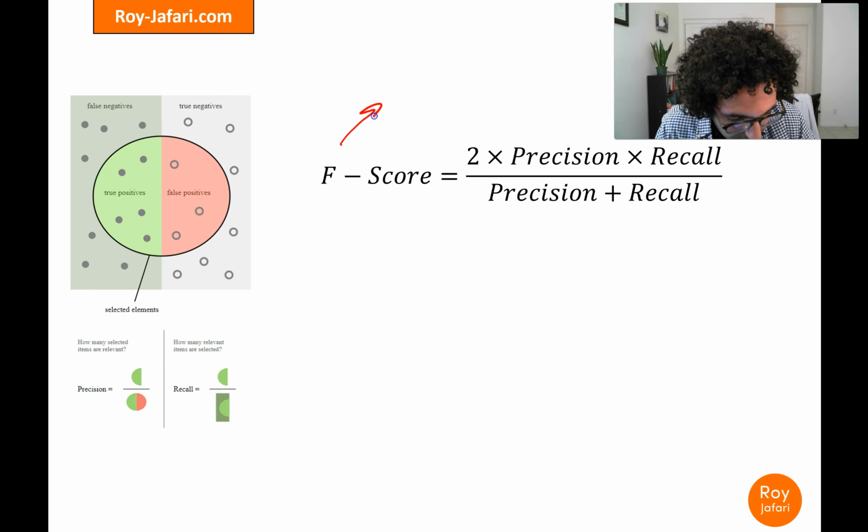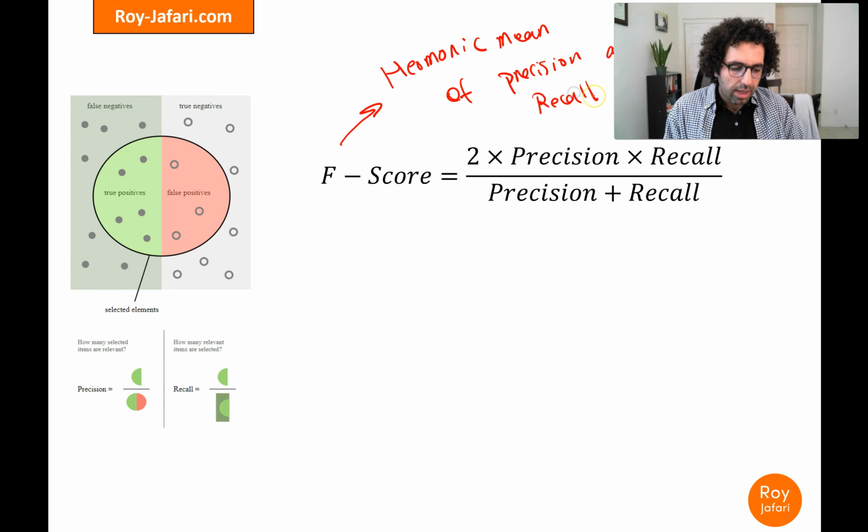It's basically the harmonic mean, and it equally weights these two values, these two metrics. And the way it's set up, it's not sensitive to the number of negatives in your data, right?